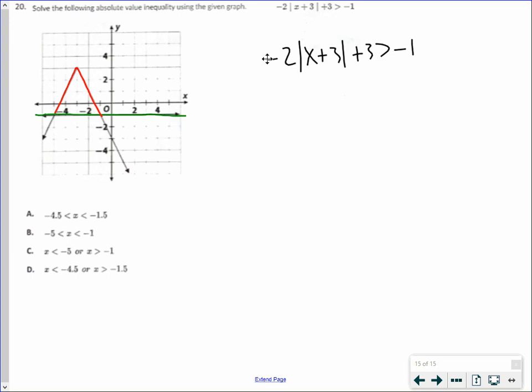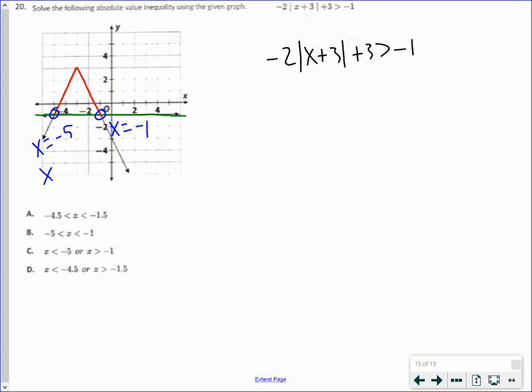And our intersections of the two graphs are these right here. So we want everything to the right of x equals negative 5, and everything to the left of x equals negative 1.